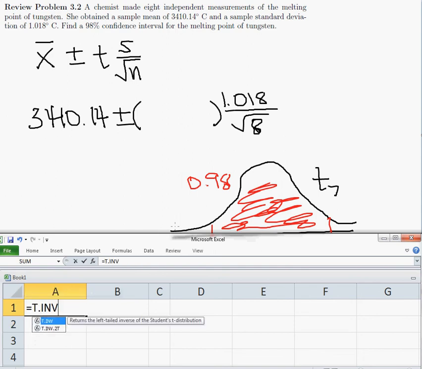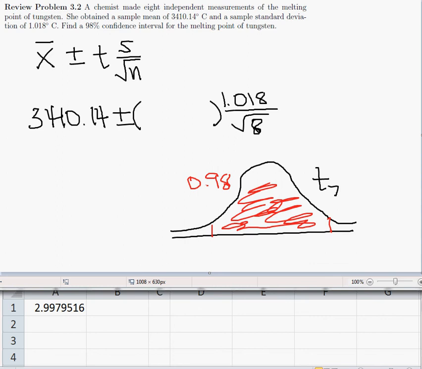The third way this could be done is t.inv.2t with 0.02 and 7 degrees of freedom, meaning that I want the combined area in the two tails to be equal to 2%. And so either way, again, I get the 2.9979516 figure. That's using Excel. Of course, the other option is to use the table in the back of the book.